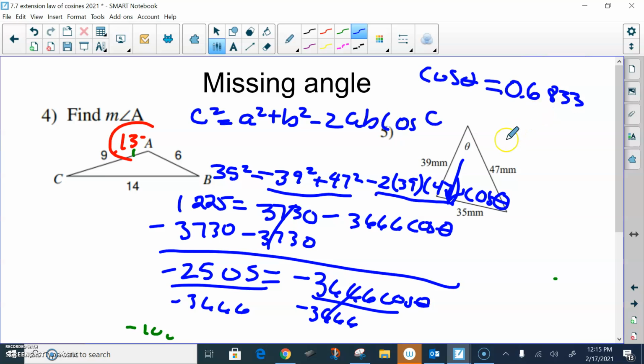Again, you usually want to go out 4 decimal places. Now we're looking for an angle, so I know I use the inverse or backwards cosine. So second cosine, 0.6833, and it tells me my missing angle is about 47 degrees. Now, please try the practice exercises. Let me know if you have any questions. Thank you.